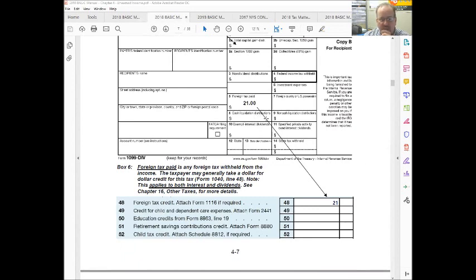Now, this other one that shows up quite a bit is foreign tax paid. Believe it or not, if you pay tax in a foreign country, the one I see most often is, I believe, Fidelity, Wells Fargo, a couple of the other brokerage houses have a lot of this fund called Lord Abbott. And obviously Lord Abbott sounds like he's in England.